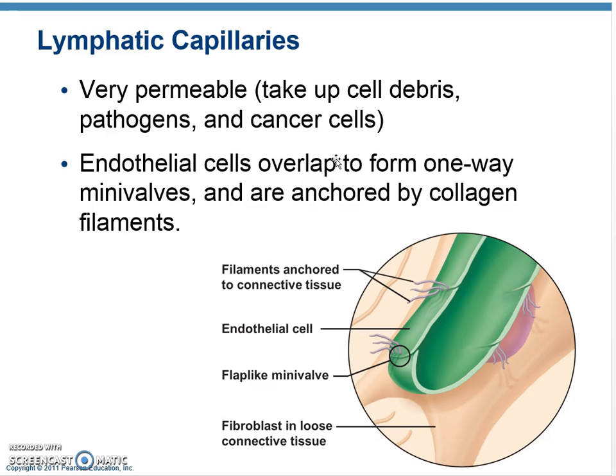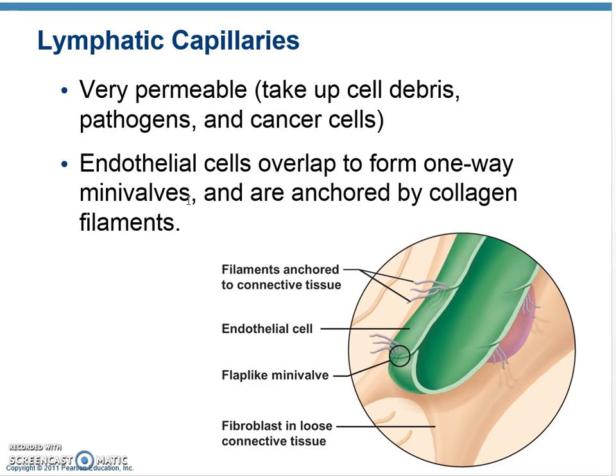And then lymphatic capillaries. So what you want to know about lymphatic capillaries is, one, this term here where it says mini valves. So they operate kind of like the carabiner clips that people use sometimes to clip water bottles onto their backpacks and stuff.